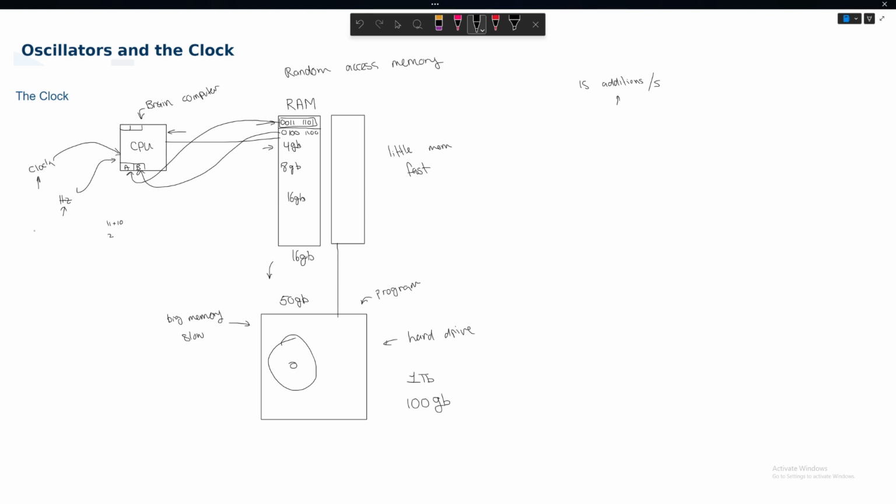That's basically a clock, and nowadays it's measured in gigahertz. For example, my CPU is I believe rated at 3.9 gigahertz. What this means is I believe it does like 3.9 million calculations per second, so it's crazy amounts. And that's basically a clock.